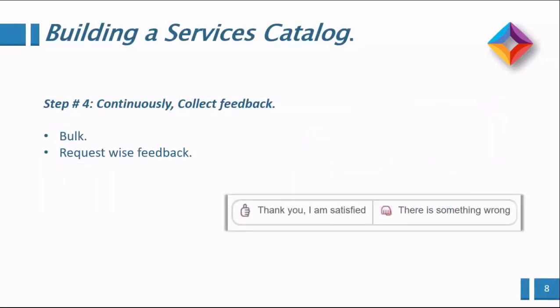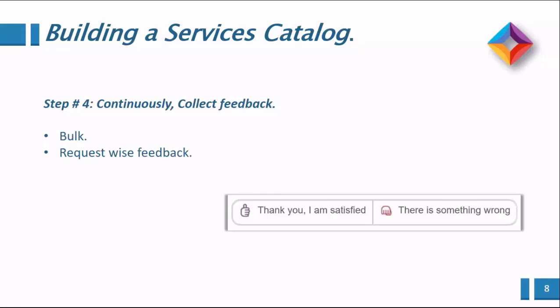Number 4 is continuously collect feedback, and this is what we have been speaking about from the beginning. HubnSub provides us with a unique way for collecting feedback, and maybe it's a good time here for talking about the different ways of collecting feedback in service organizations.